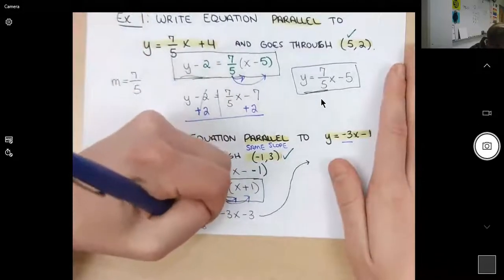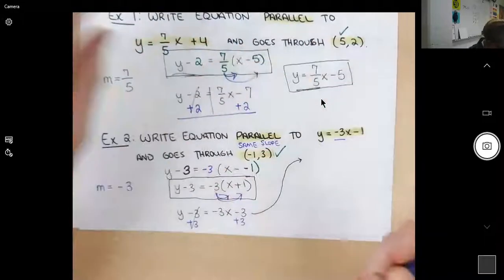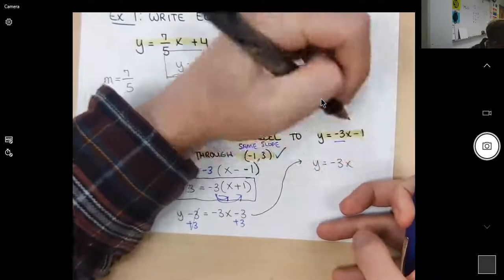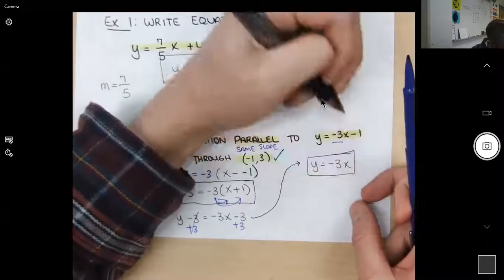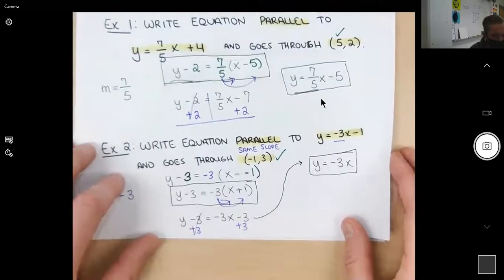So I'm going to add 3 to both sides to get y by itself. So we get y equals -3x, and -3 plus 3 goes to 0. That is what we're left with, and that is in slope-intercept form right there. So that's parallel. We're going to do 2 more examples, but this time we'll do perpendicular.